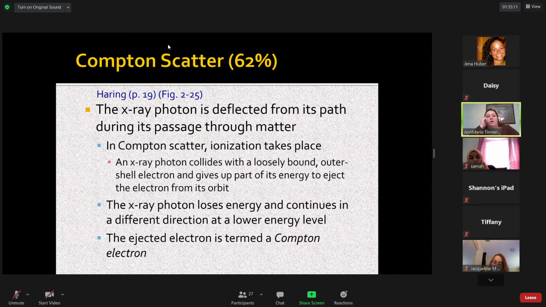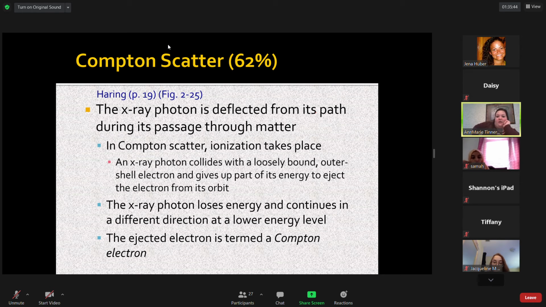Okay, then you have your Compton scatter, which is 62%. This is when the X-ray photon is deflected from its path during its passage through matter. Basically, it's colliding with a loosely bound outer shell electron and giving up part of its energy to eject it from that orbit. So the X-ray photon is losing energy and it continues in a different direction at a low energy level.